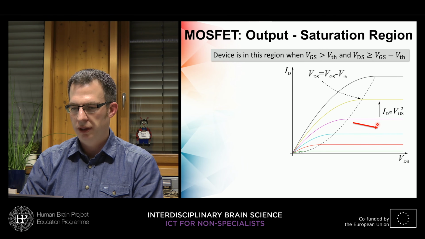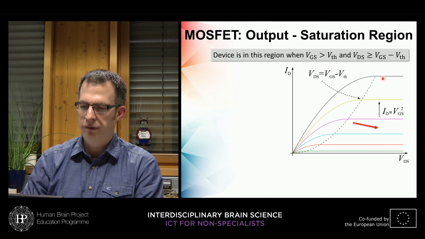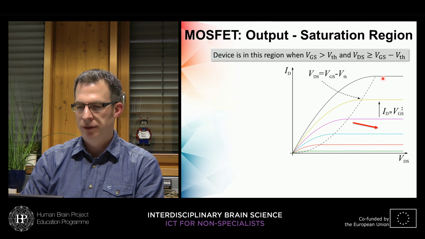So the parameter of these curves is the gate to source voltage, and if we increase gate to source voltage linearly, then the distance here rises quadratically because of this quadratic behavior that I mentioned in the beginning of the explanations on the MOSFET transistor.